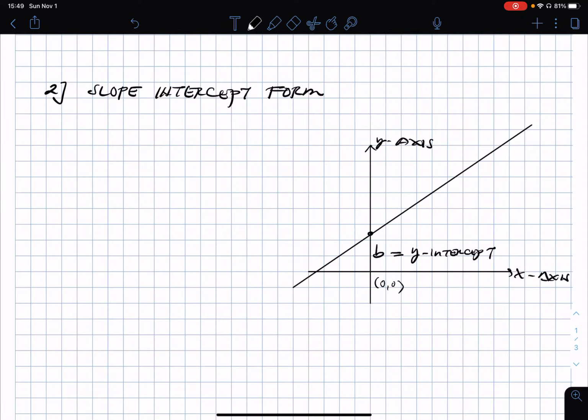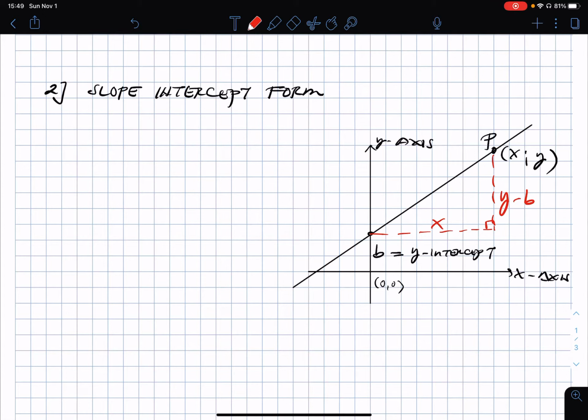We need another point to define a straight line, so if we pick a point here, say point P, the coordinate will be x and y. Our imaginary triangle is 90 degrees. This side will be y minus b, and this is simply x.